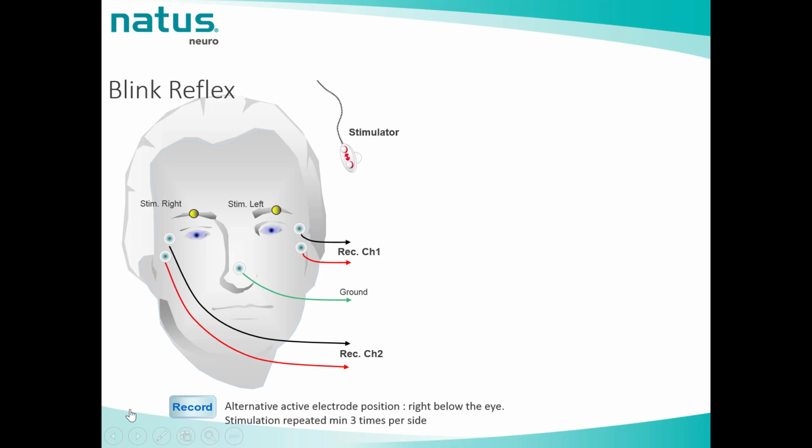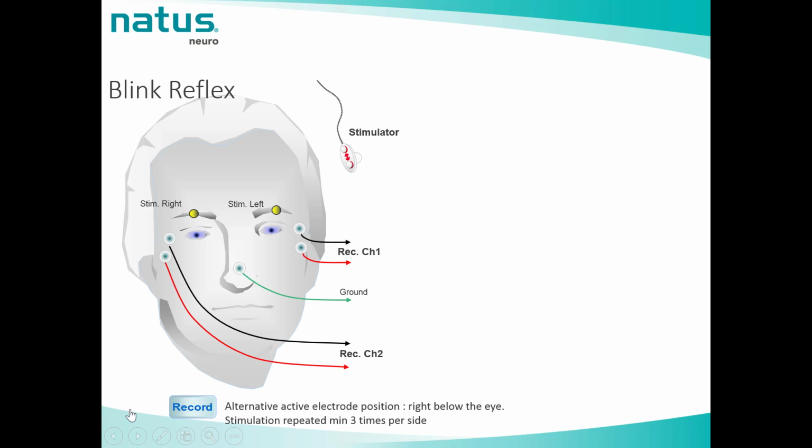The ground will be placed medially on the nose or the chin. One may also use a different active electrode position, where the active would be placed right below the eye, and the reference electrode once again 2-3 centimeters below.